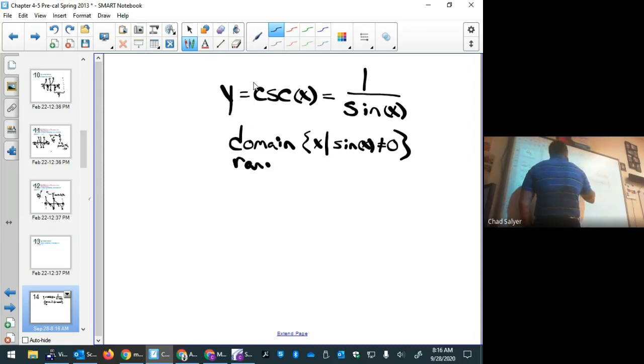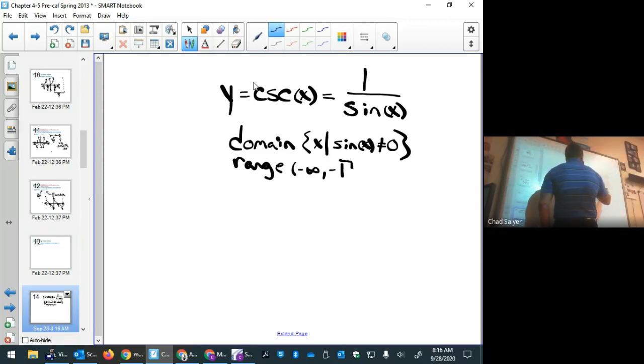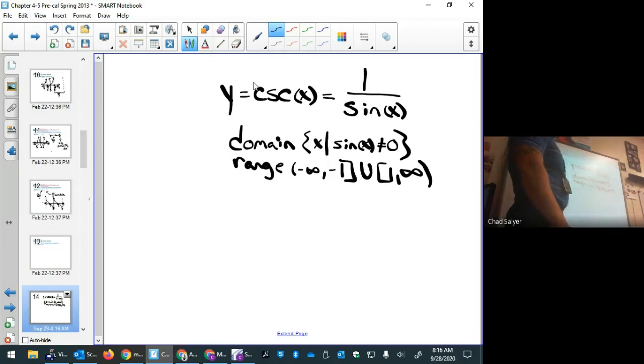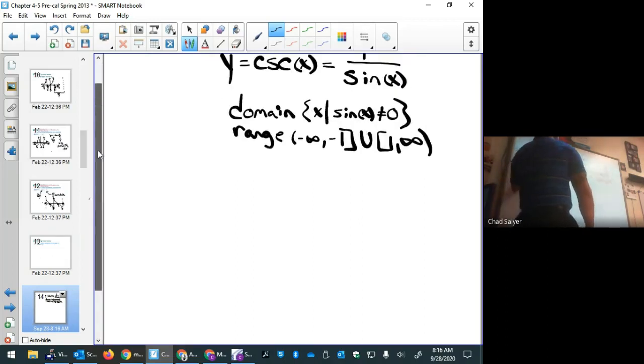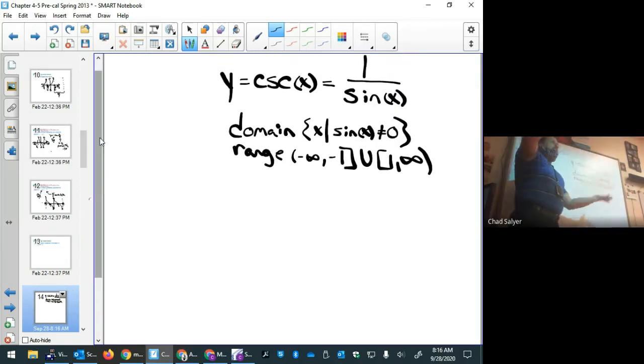The range is going to be like the range of the sine function turned inside out. So it's negative infinity to negative 1, union with 1 to infinity. So this is just like the sine function if we turned it inside out.